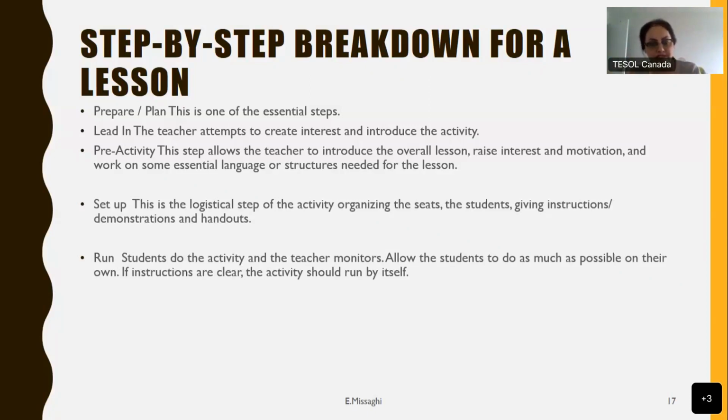Give them some activities, simple to difficult, and give them time to practice with their classmates. What's the role of the teacher? Monitor them. You go around, listen to them, give them prompts, help them, correct them. If they have any questions, you just answer and help them to solve the problems.